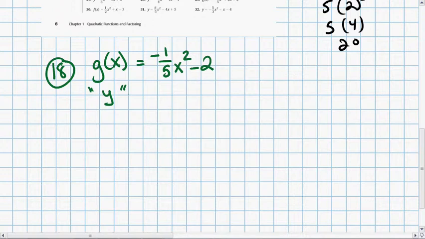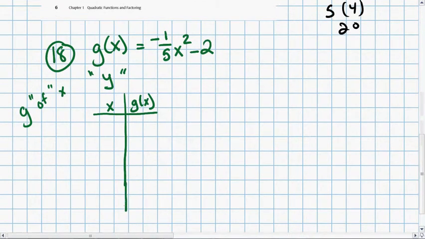We'll still make a table of values, but instead of y, we're going to write g of x, and how you say that is g of x. And then we're going to plug in a bunch of values. Let's see, what should we do?